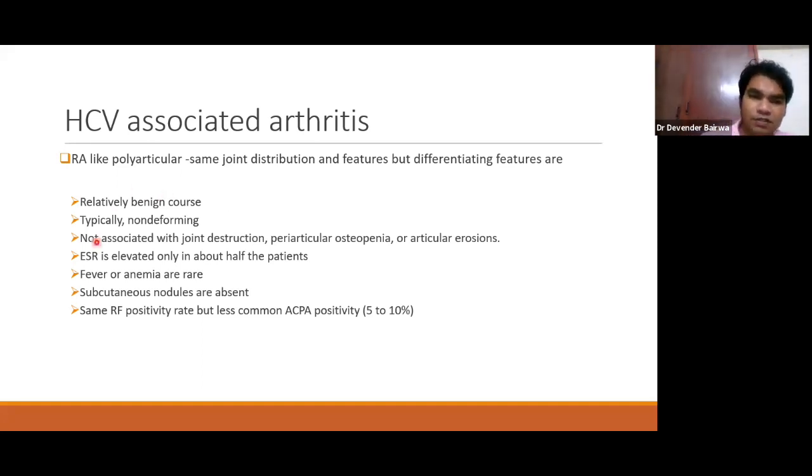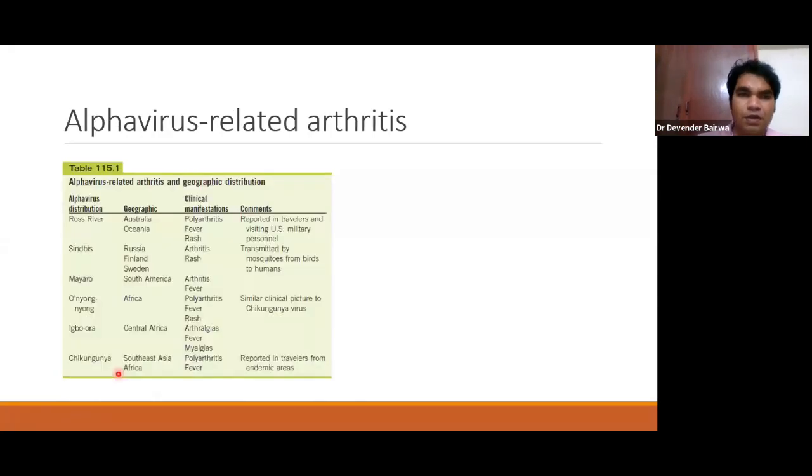When these features are present, they favor arthritis as part of hepatitis C rather than RA. True hepatitis C virus associated arthritis can present in two different forms: a polyarticular presentation like RA, or a mono to oligoarticular presentation.